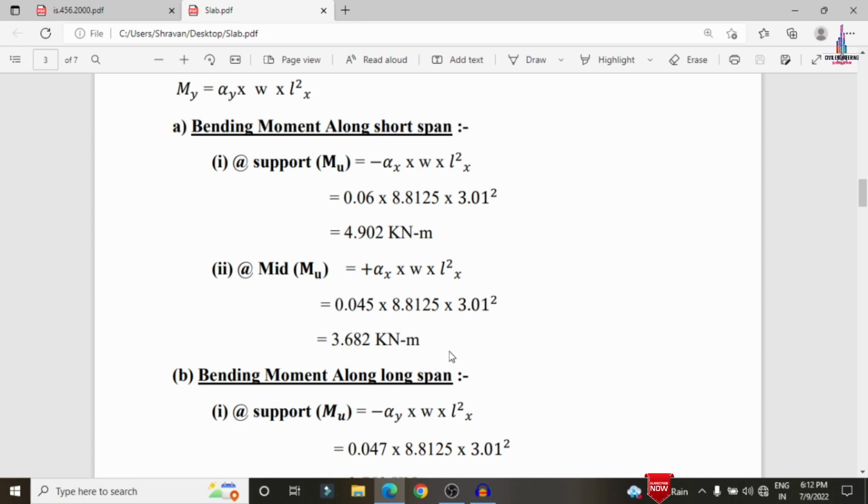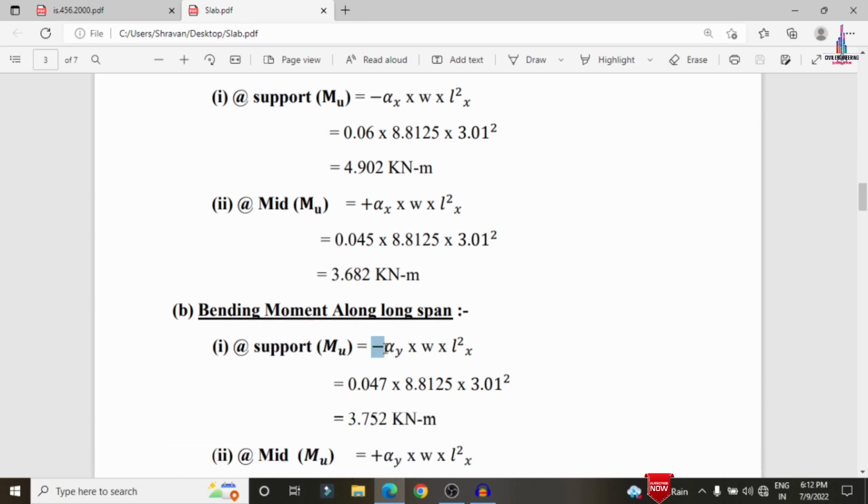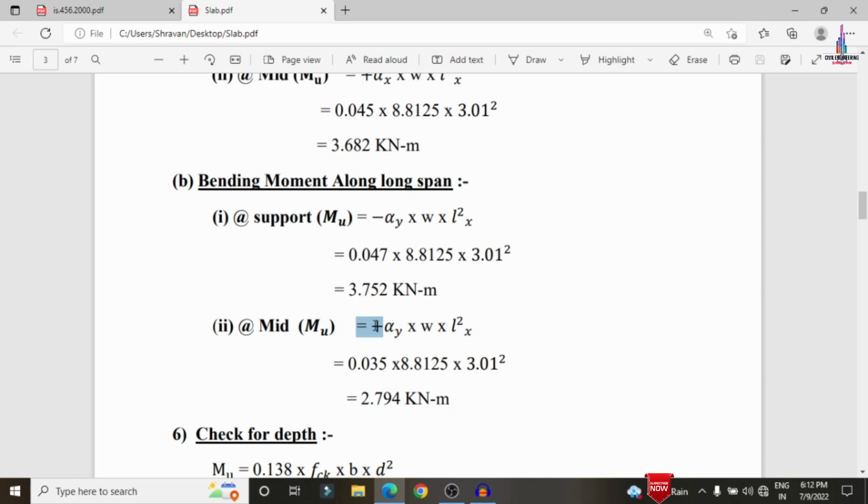Again, in the y direction we have the formula minus alpha y into W into Lx square, which is 0.047 into 8.8125 into 3.01 square, so we get the bending moment as 3.752 kilonewton meter. Similarly, the positive is alpha y into W into Lx square, approximately 0.035 into 8.8125 into 3.01 square, which gives a moment of 2.794 kilonewton meter.